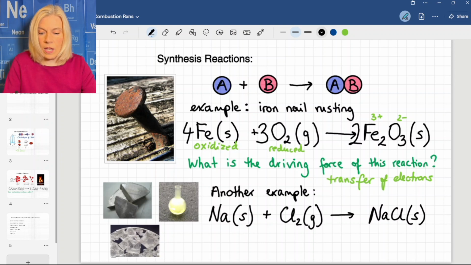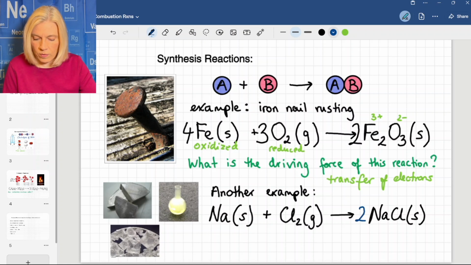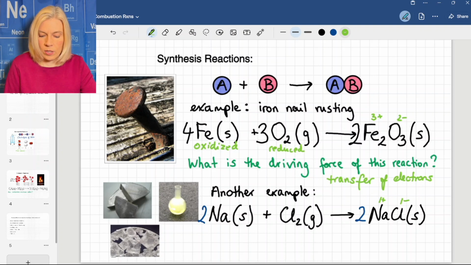It's another great example of a redox reaction. Let's make sure we have this balanced. I need 2 over here. I need 2 over here. And let's think about it: sodium is neutral, chlorine is neutral, and together they form an ionic compound. Sodium is 1+, chlorine 1-. So again, sodium lost electrons, is oxidized.